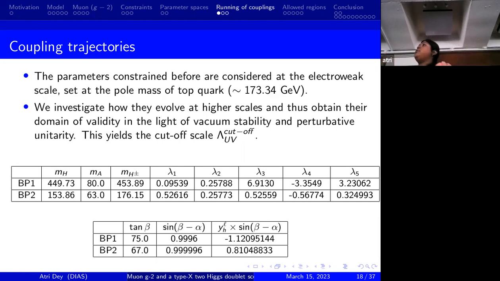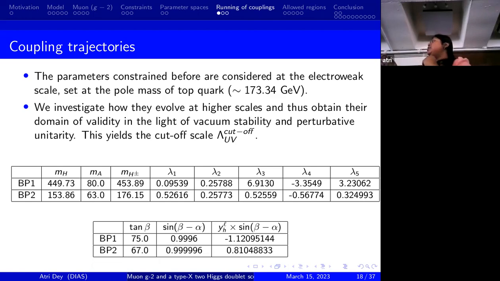For each point in our parameter space of the type X two-Higgs-doublet scenario, allowed by all the constraints at the electroweak scale, this tells us up to which scale it can sustain perturbativity or vacuum stability.